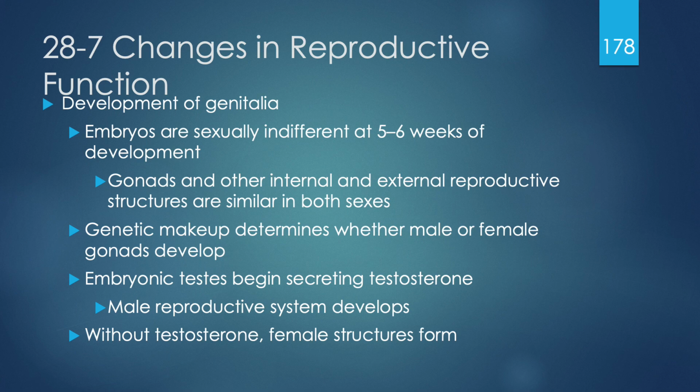Embryonic testes will begin secreting testosterone, and therefore a male reproductive system develops. However, in absence of testosterone, female structures will form. So keep this in mind as you study pathophysiology in your subsequent semesters, specifically in nursing, where you learn about a broad variety of developmental conditions which may have arisen because of the absence of testosterone.